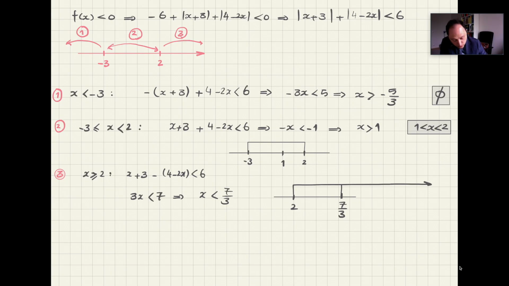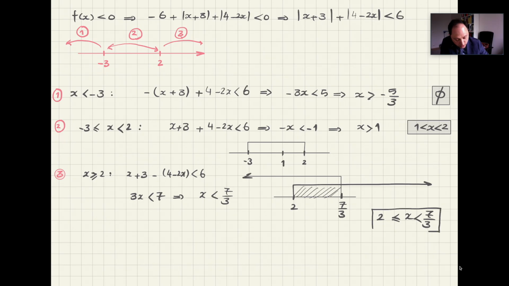And then x should be less than 7 over 3, yes? So the intersection is exactly between 2 and 7 over 3. But 2 is inclusive, 7 over 3 is exclusive. So another partial answer is x greater than or equal to 2 and less than 7 over 3.